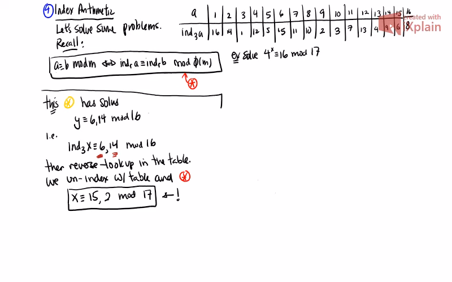So what we're going to do is the same thing as before. We take the index of both sides, base 3, because that's our primitive root. We're using the same table. So we get the index base 3 of 4 to the x equals the index base 3 of 16, mod 16, because the modulus changes to phi of m, again using the asterisk.